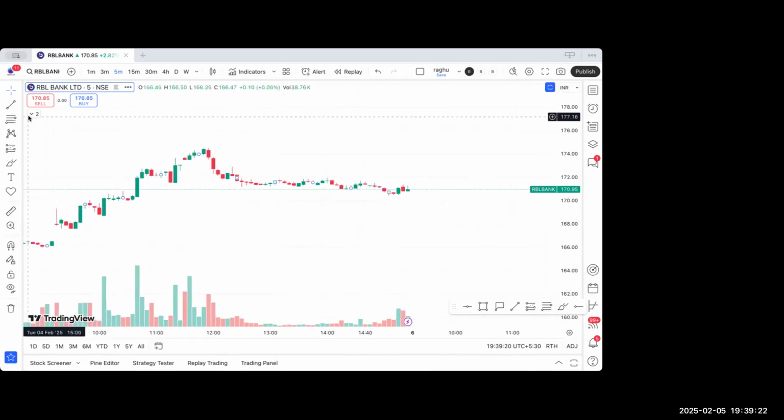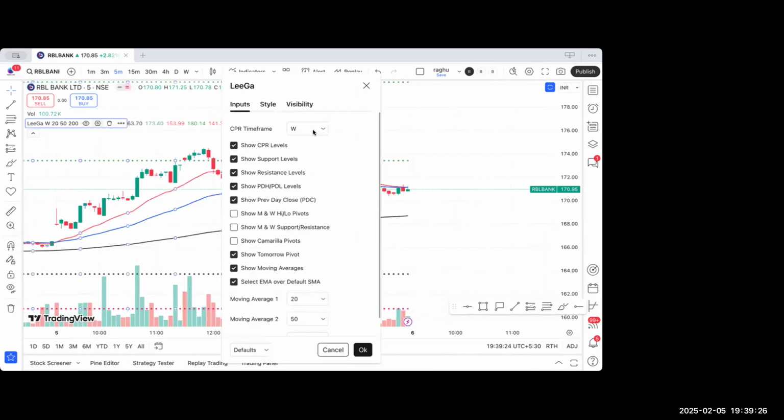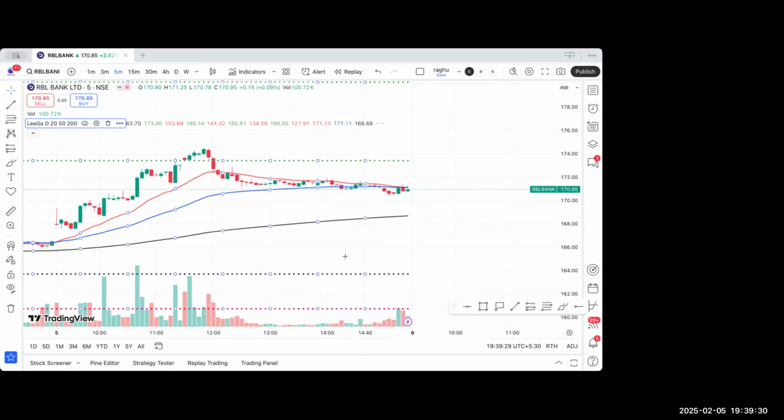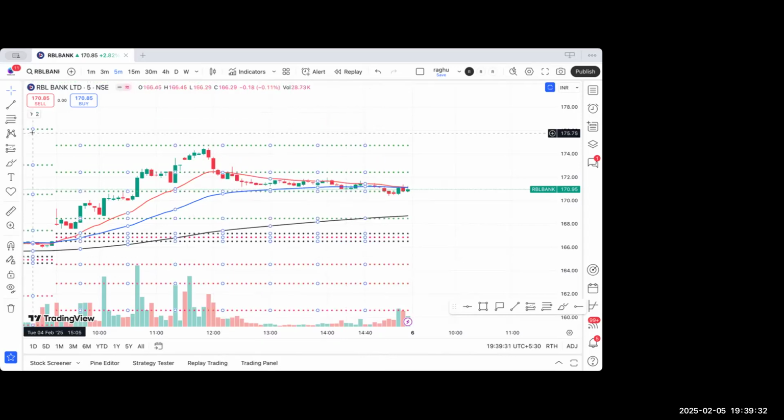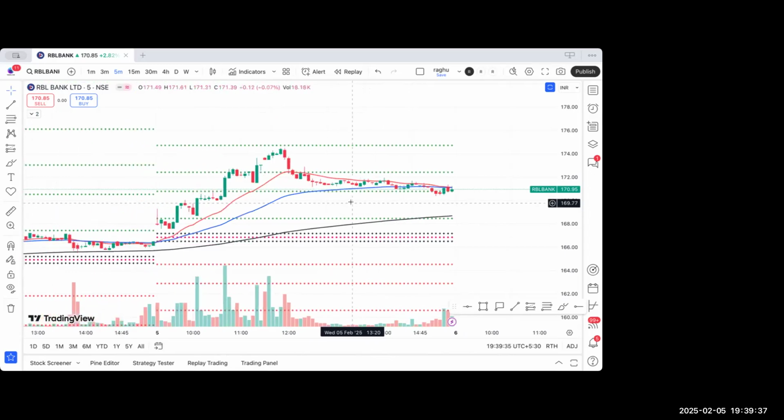Okay, anyways, let's see. Now whenever I see these stocks, it will be exactly at the CPR level, so I'll be confused whether I need to take CE or PE. It was in a range.